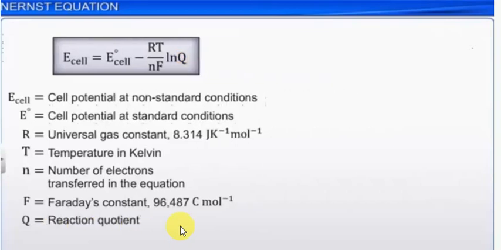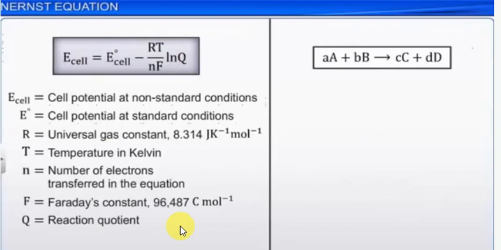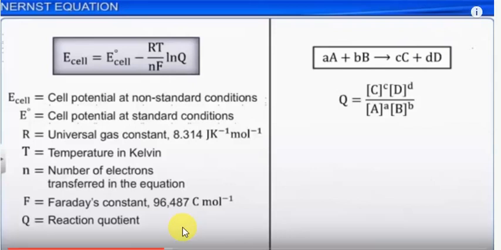To calculate Q, the products are put in the numerator and the reactants are in the denominator. Raise each species to a power equal to its coefficient in the balanced equation. Molarities are used for concentrations as indicated by the square brackets.